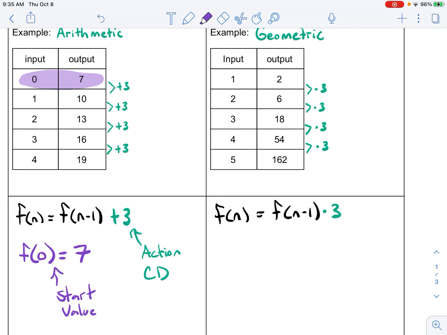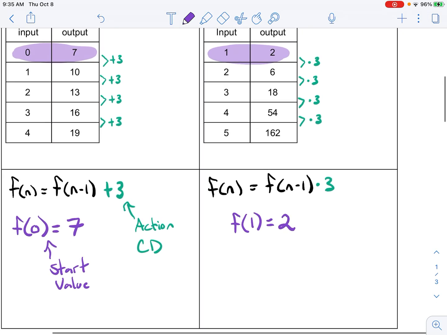We do need to choose a start value, and I'm going to choose 1, 2. So in this case, my start value is f of 1 equals 2. So my input was 1, and my output was 2. So my start value is 2.